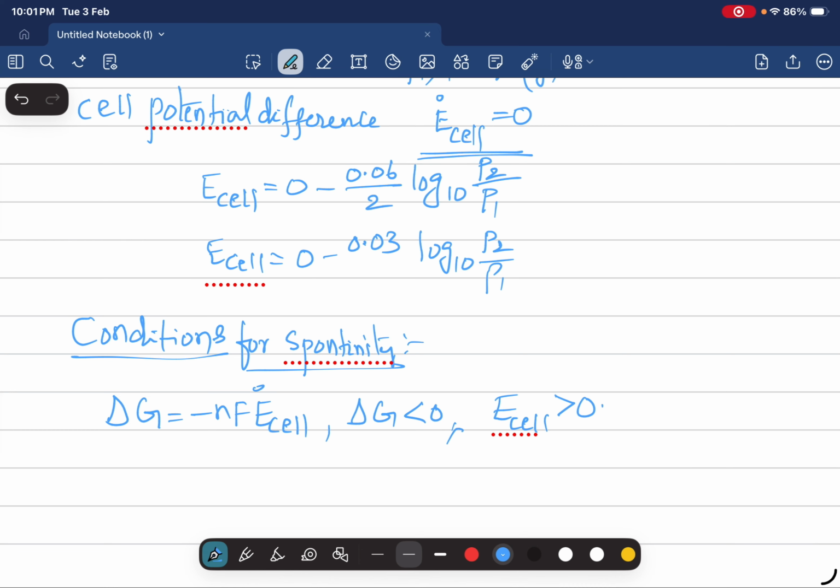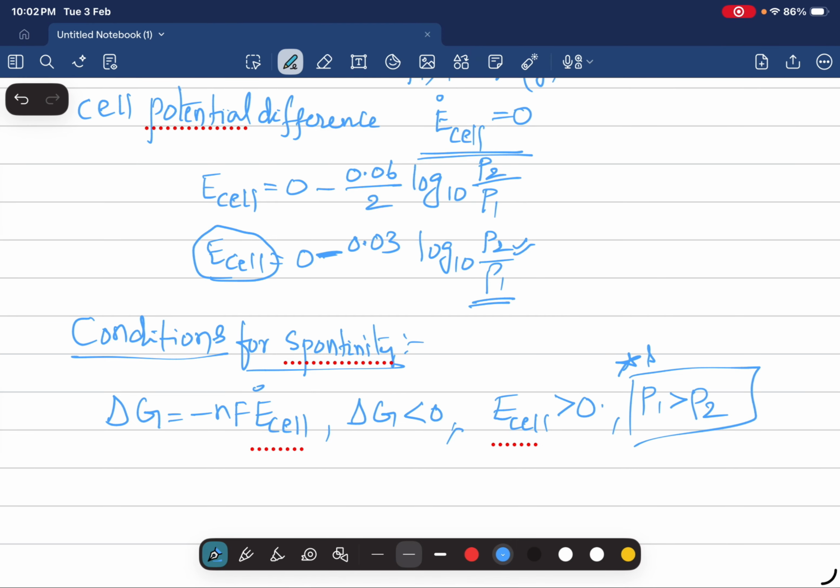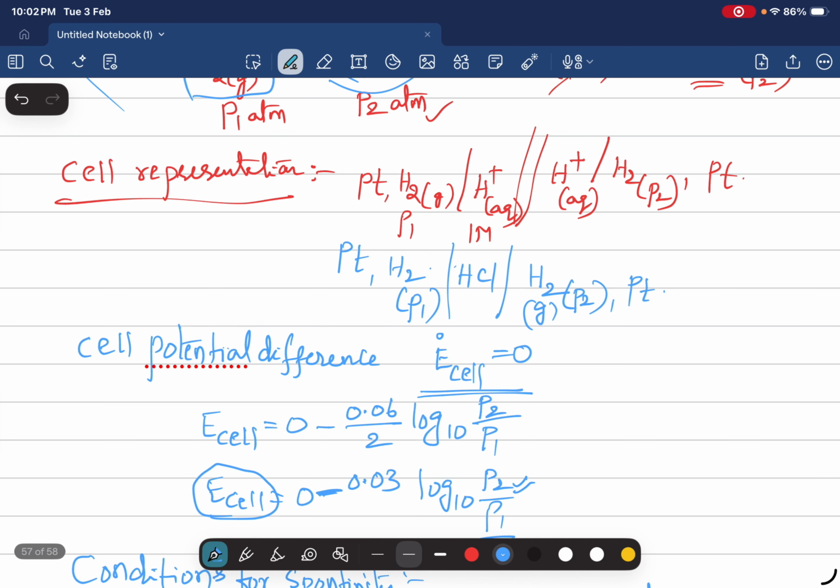To get E cell positive, what is supposed to be greater, students? Here if P1 is greater than P2, this minus becomes plus, so P1 is supposed to be greater than P2. This is the most important point. That is about the concentration change with respect to pressure.